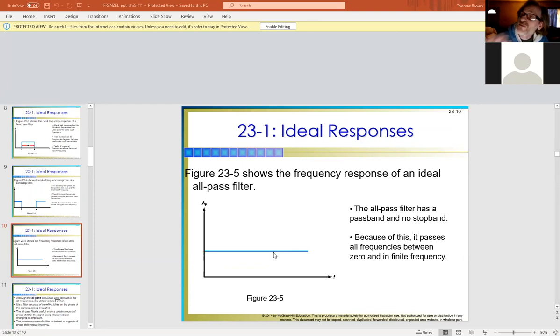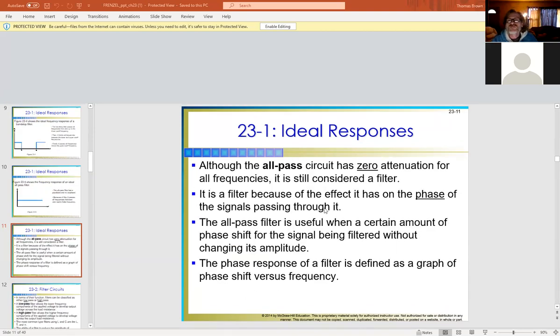And that's pretty much the 5 types of filters that are available. Depending on the situation, you would select these types of filters, set that up, and then select your components based on your selection. So see here, he says, even though the all pass circuit has 0 attenuation for all signals, it's not going to dampen anything at all, but it's still considered a filter.